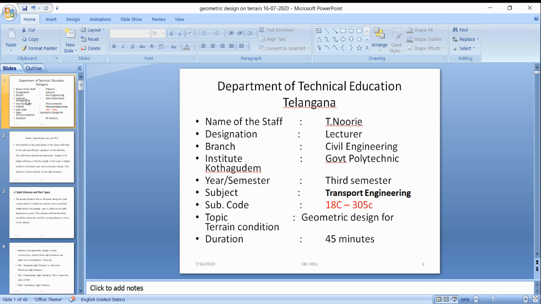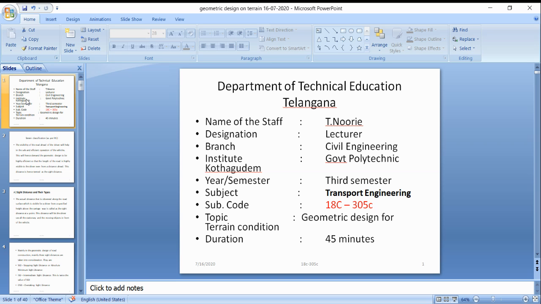Next come the shoulders. Shoulders are mainly used as parking space in an emergency. They are on either side of the road, at the edges after the carriageway, and they provide lateral stability for the carriageway.